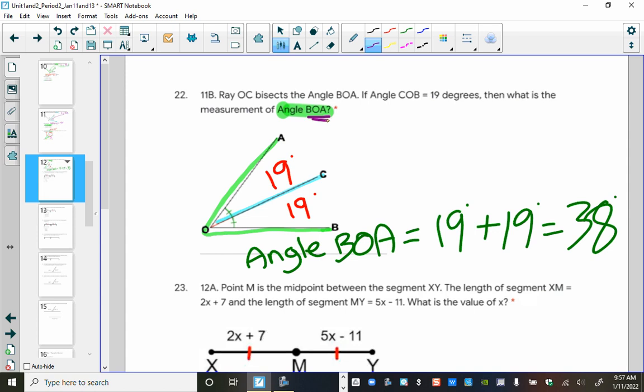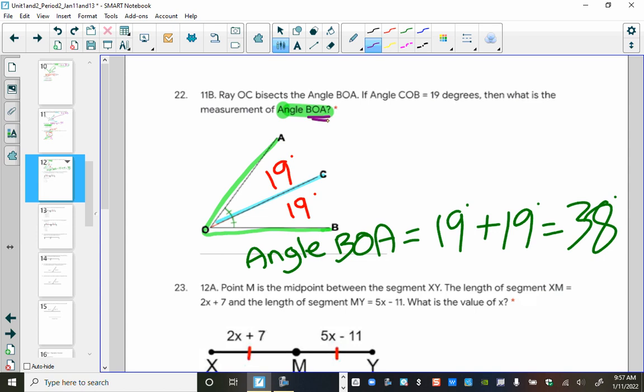No road. We have to go from B to O, and then from O up to A. And going forward, especially when we start dealing with a lot more finite angles inside, like your parallelograms or triangles and all that, you have to look at the order of your letters.